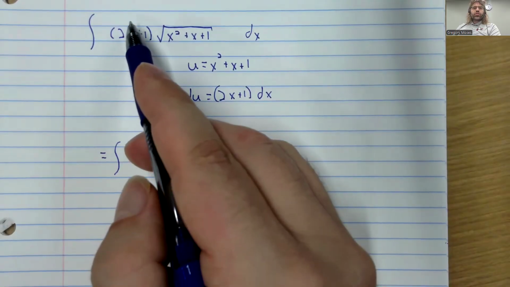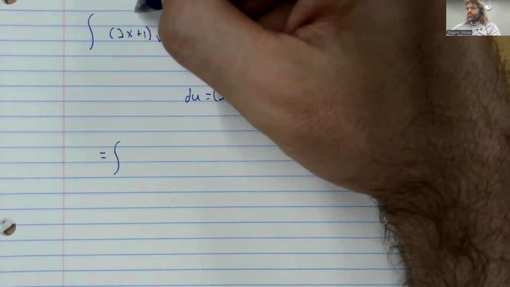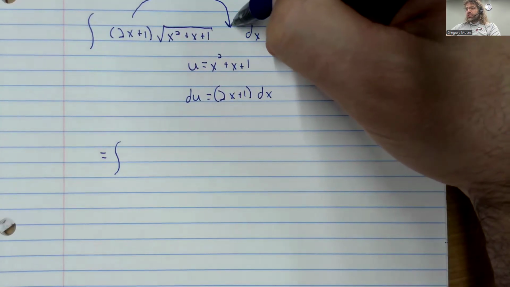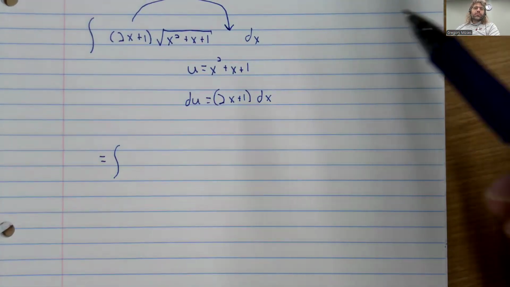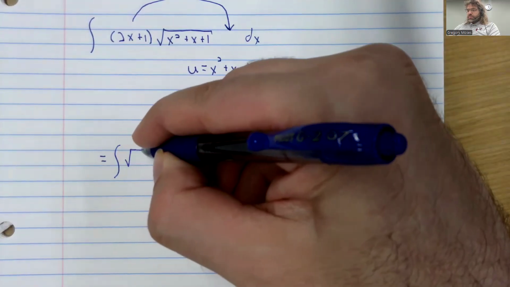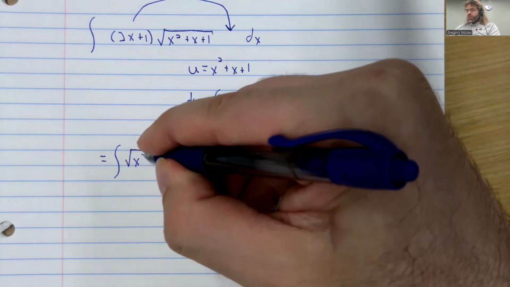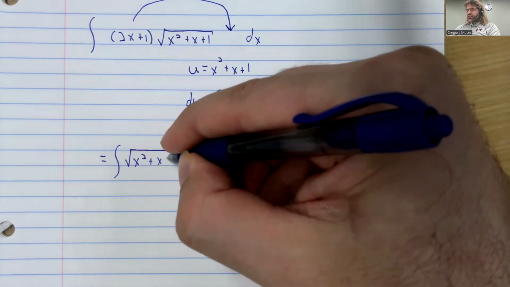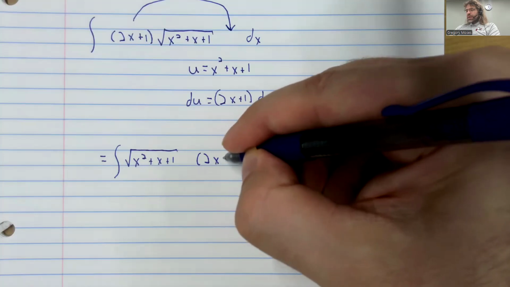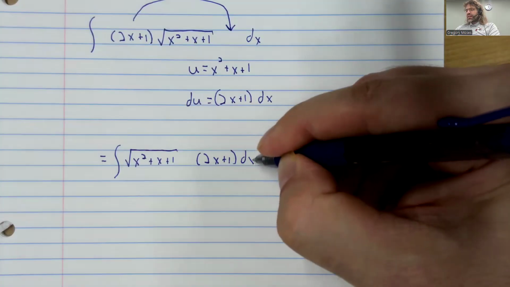Let me start just by moving things around a little. When you multiply, order doesn't matter. So I'm going to take the 2x plus 1 and I'm going to move it to the end. So we get the square root of x squared plus x plus 1 times 2x plus 1 dx.